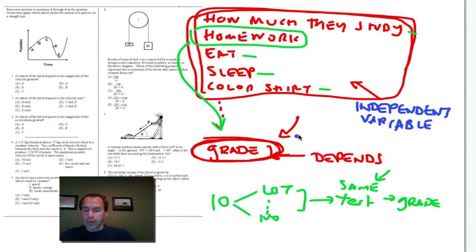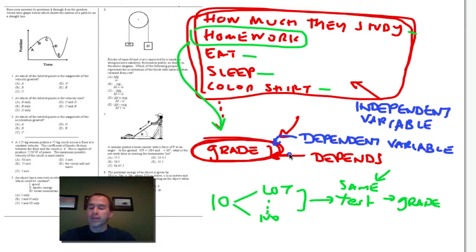The dependent variable is the one that you can't have direct control over. You can't make somebody have a certain grade on the test. You can tell them to study a lot, and that might improve their grade, but what you've changed is something up here, and that's affected their grade. You can't decide what grade somebody's going to get on a test. That depends on some of those other variables.